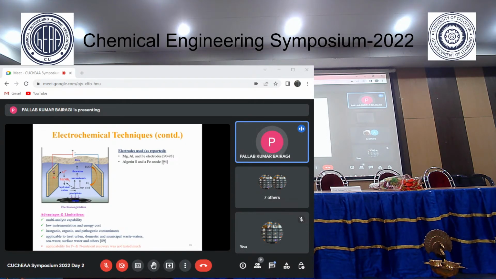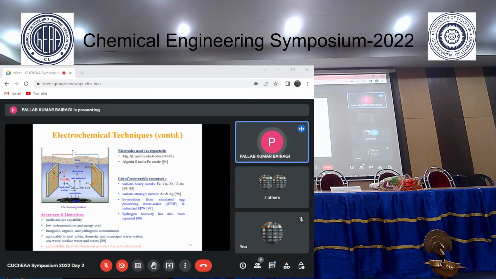Integrating with chemical leaching, thermal process, and other suitable processes, various heavy metals can also be recovered from the electrocoagulation sludge. Garcia and Carrillo in 2019 reported a study in which they used an aluminum electrode to recover gold and silver.